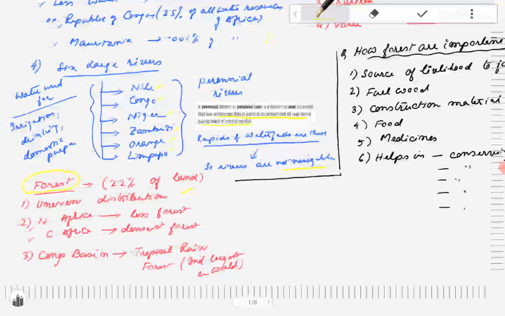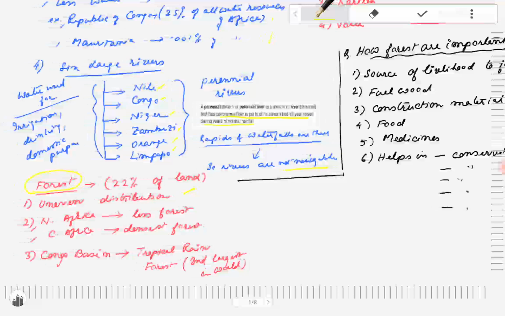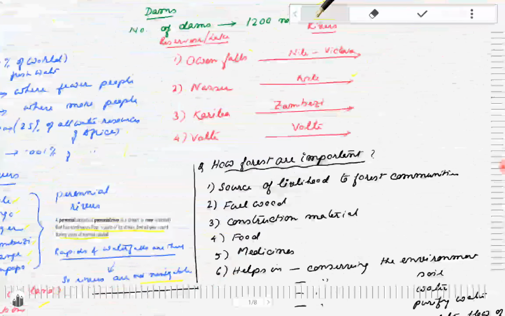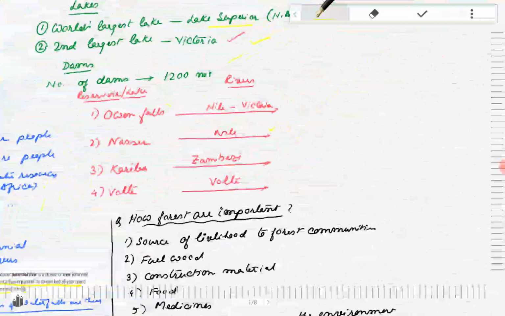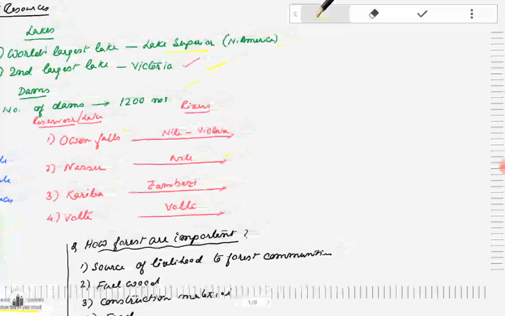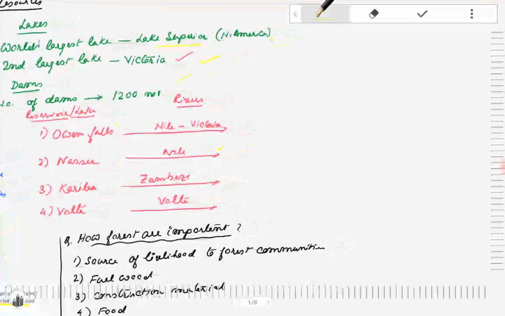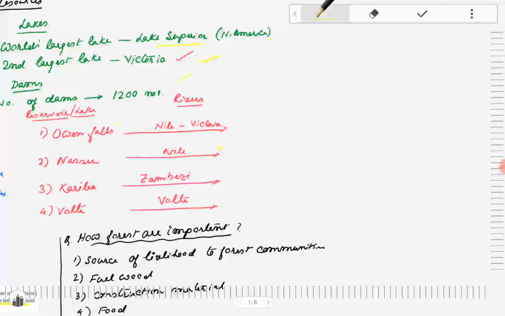In the Congo Basin there is tropical rainforest, the second largest in the world.